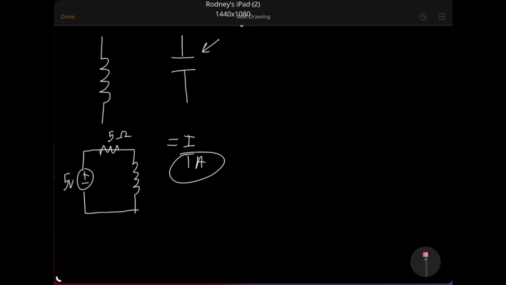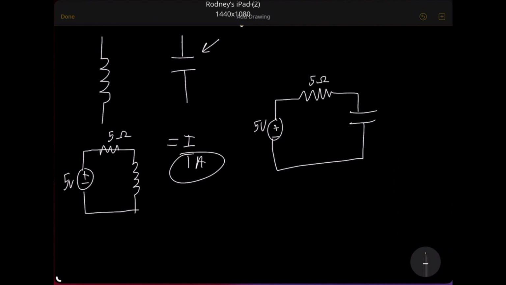And if you were to have the same thing with a resistor and a capacitor, let's say as this current keeps going on for a while, as it goes to infinity, this 5 volts here, the whole entirety of it will be at the capacitor.